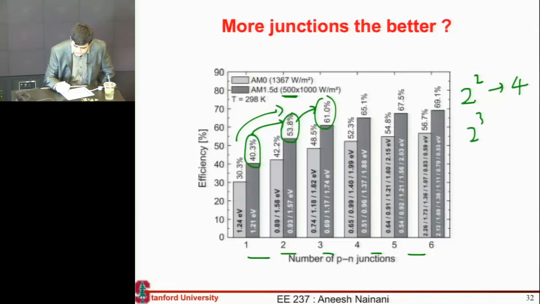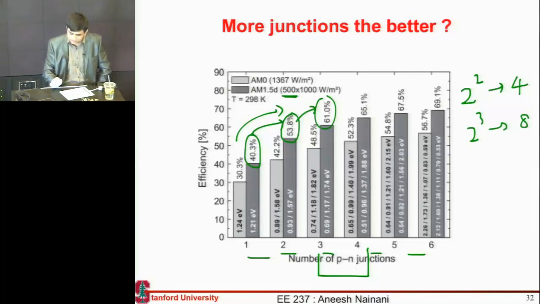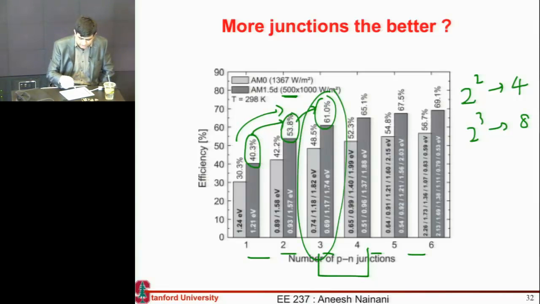If I use 3 junctions, I'll have 8 times the complexity, right? So usually people, usually their appetite for complexity dies after using 3 or 4 cells. So 4 is the maximum you typically use. Even commercially, what is available is mostly 3, but in labs people do make 4 junction cell.